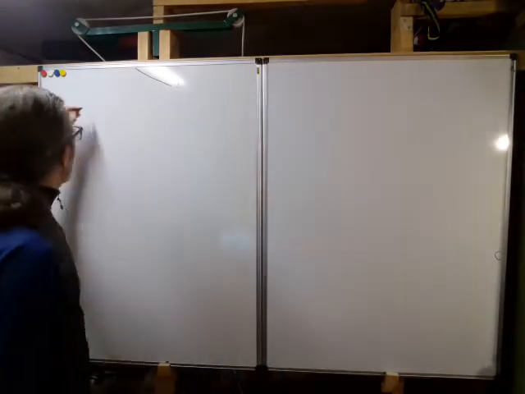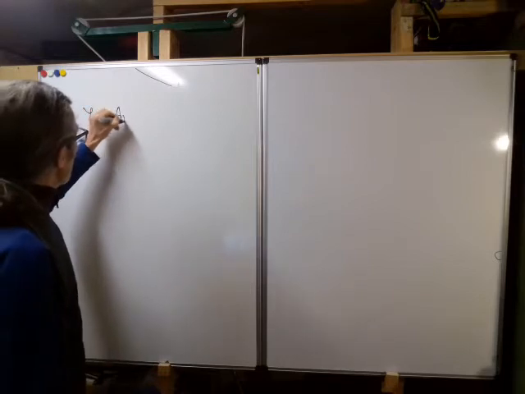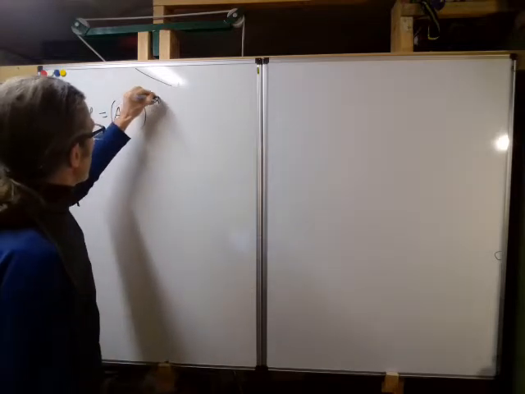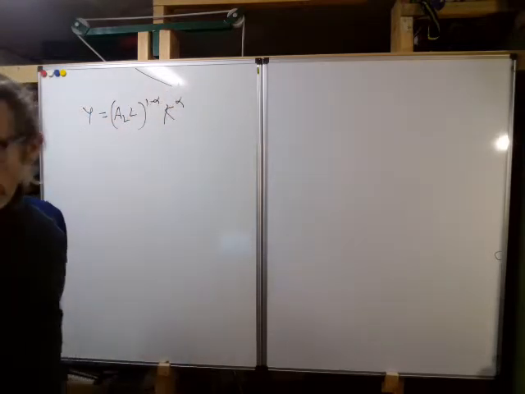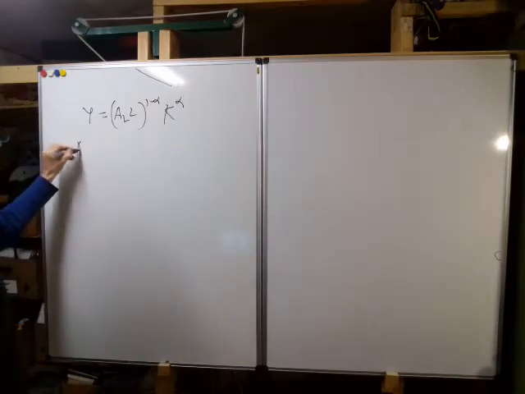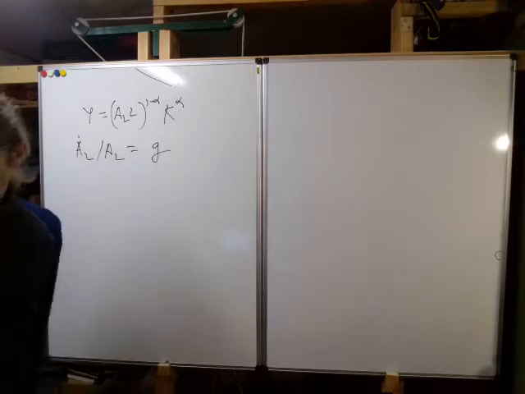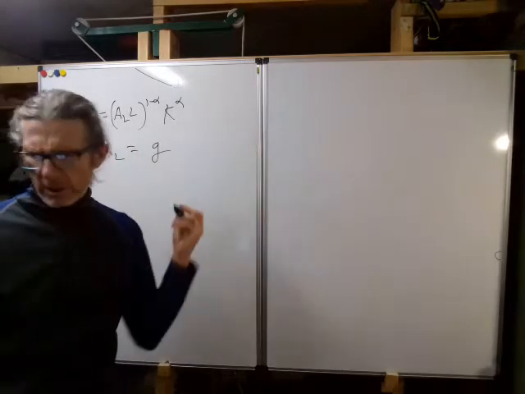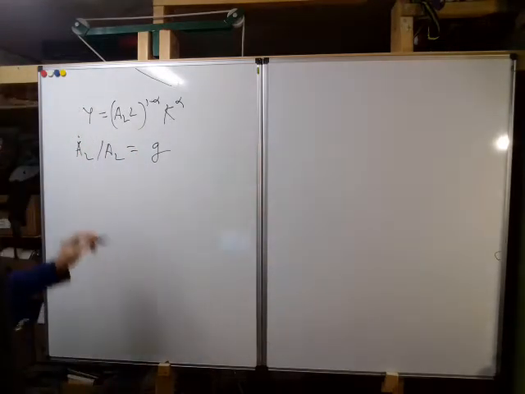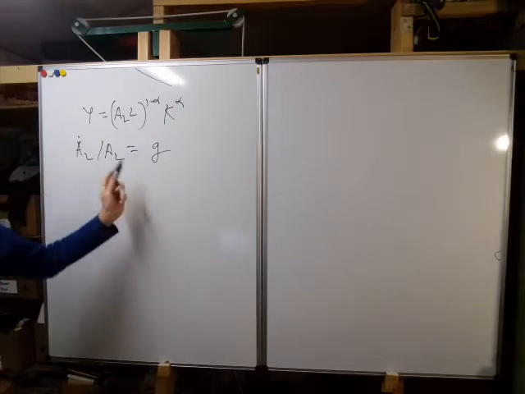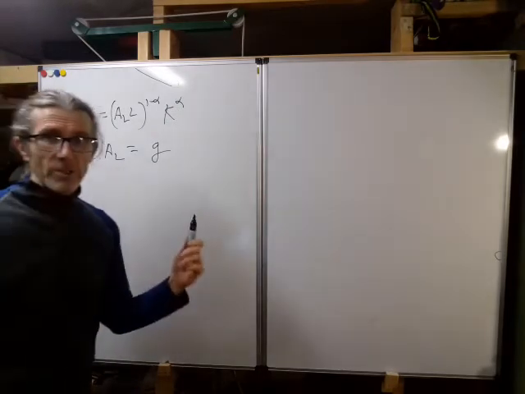So what have we got? We've got Y is AL to the 1 minus alpha, K to the alpha. We've got AL dot over AL is g, I'm just going to call it g on the board here. So this is exogenous growth at a constant rate. I hope you all know growth rates.